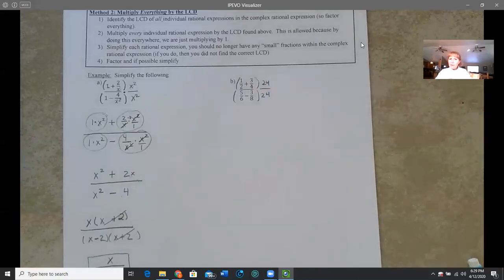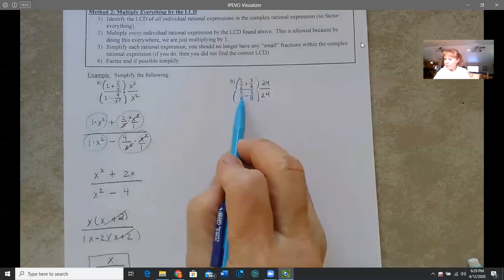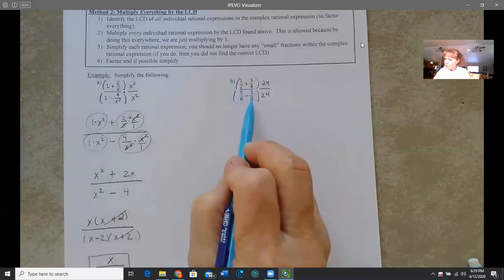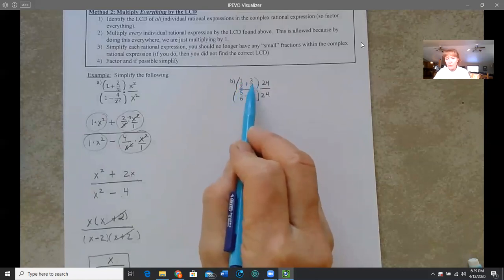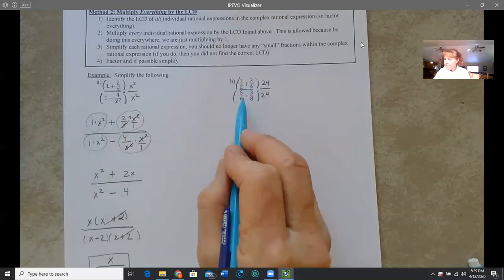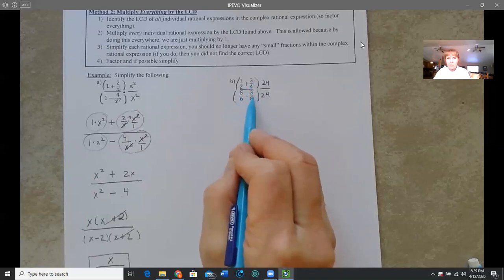So now that we found the least common denominator, we're going to multiply every term by it. And in doing so, each of these little denominators should disappear. So we'll start out with 1/2 times 24, then 3/4 times 24, 5/6 times 24, 3/8 times 24.